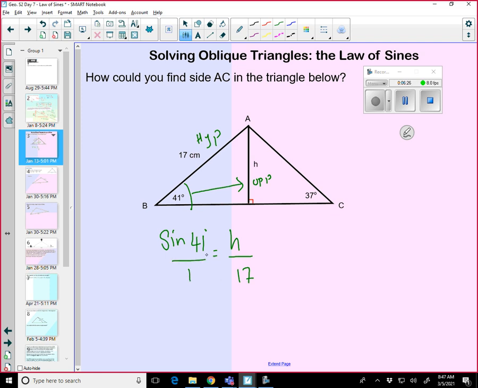Cross multiply to get 70 times sine 41 degrees equals h. Put that in the calculator, which gives us 11.153.